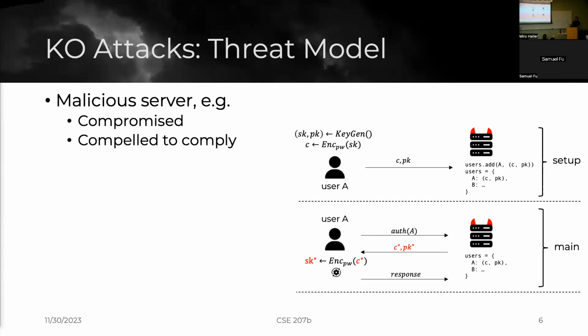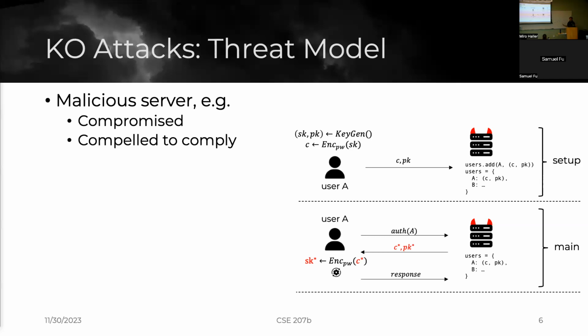Or another reason could be they could be compelled to comply with a government, depending on how much trust you have in the government wherever you live. For example, if you're an investigative journalist and you investigate a scandal in the government, it's maybe not the greatest if the government has the power to compel the cloud storage provider to provide you data that they store.